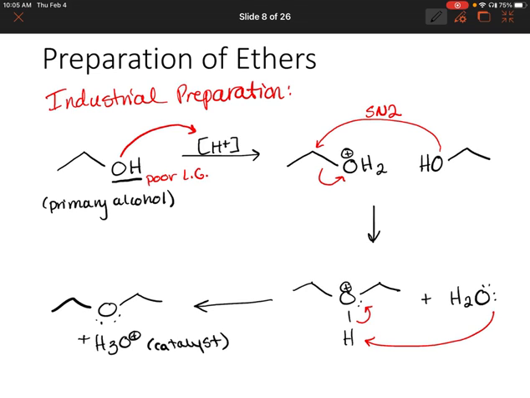Now, there are some limitations to this method. You have to use primary alcohols in order to get that SN2 reaction to occur. So that's one limitation. Another limitation is that you need really high temperatures for this to work. And you need a really strong acid.